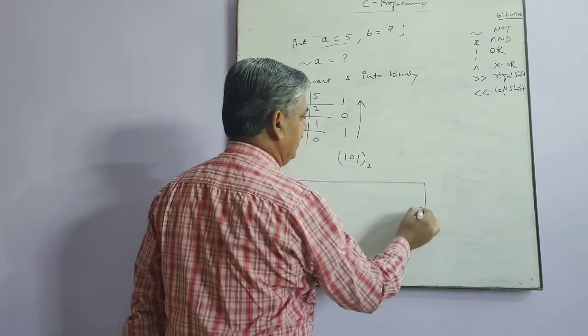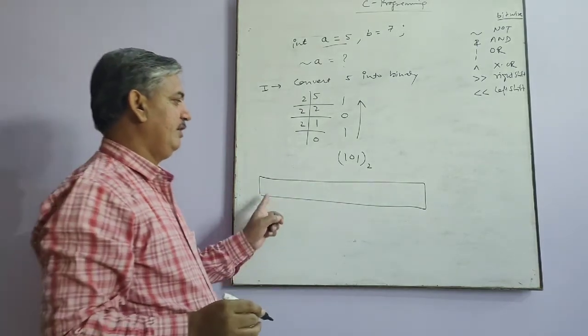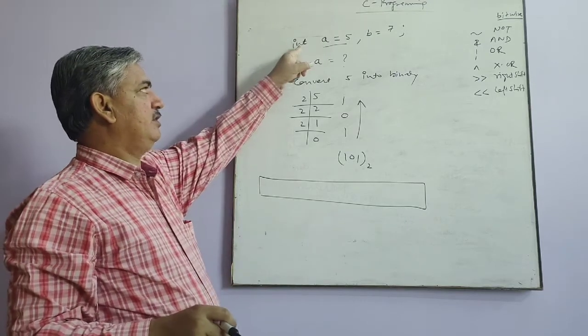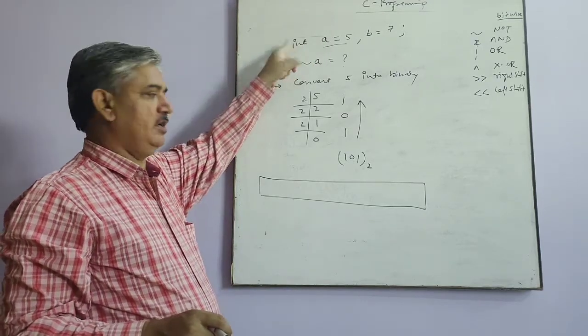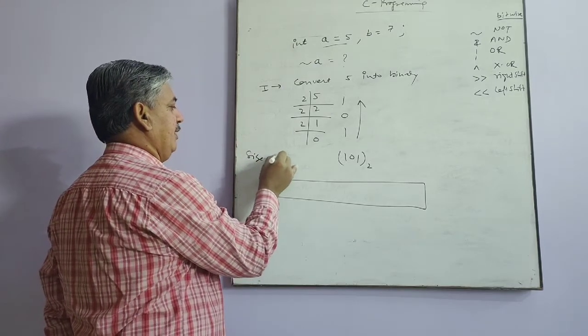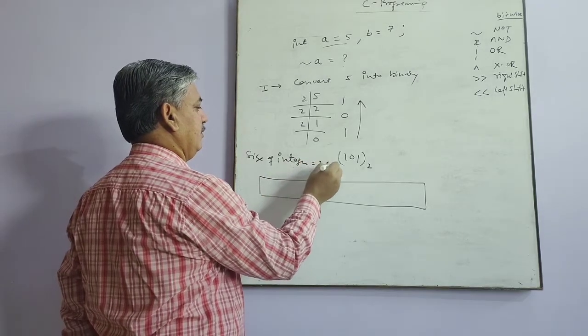And to represent this 5 in computer memory, in general integer, suppose we assume the size of integer is 2 bytes long.